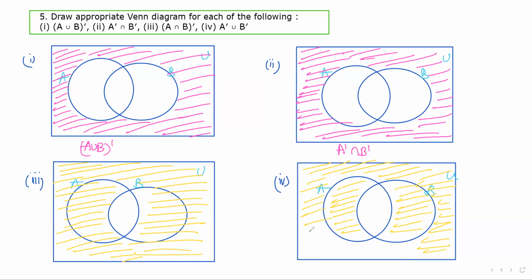This is uniting A dash and B dash. A intersection B whole complement and A complement union B complement.